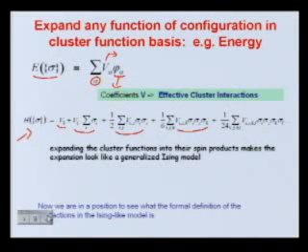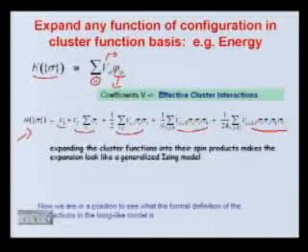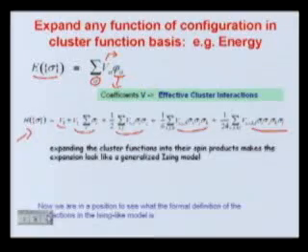You'll have triplet terms, quadruplet terms, and so on. So essentially, the cluster expansion is the same as what's called a generalized Ising model, where you go away from relying only on two-body terms to higher body terms as well. It is essentially a generalization of that approach.